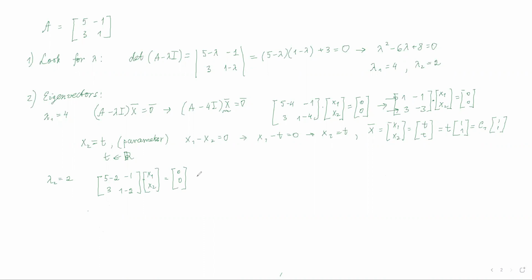And if I simplify, that's 3, minus 1, and that's 3, minus 1 again. And that's normal because again, otherwise we are not going to have determinant equal to 0 and a non-trivial solution, right? They're supposed to be linearly dependent to give us a non-trivial solution.